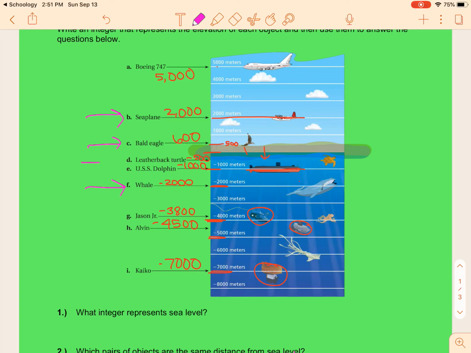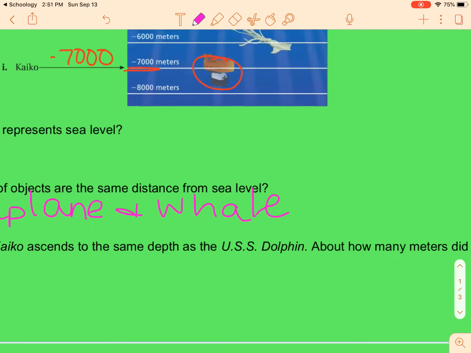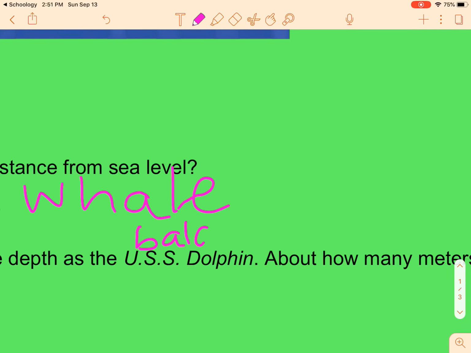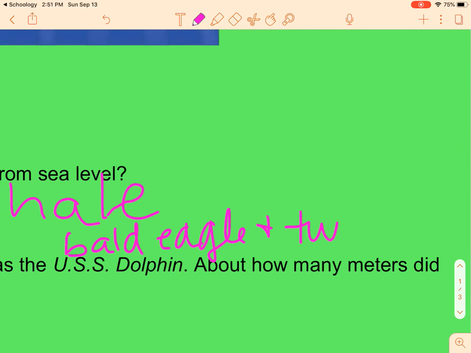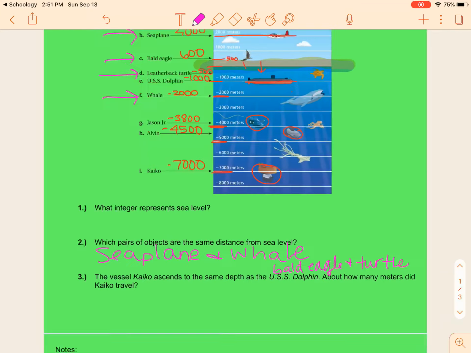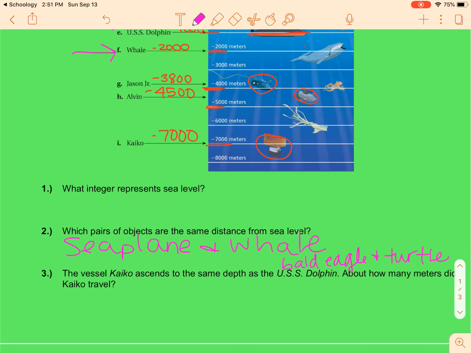But if you look at the bald eagle and the leatherback turtle, those look like pretty close to the same distances from sea level. Would you agree? Alright, so bald eagle and the turtle. Awesome.